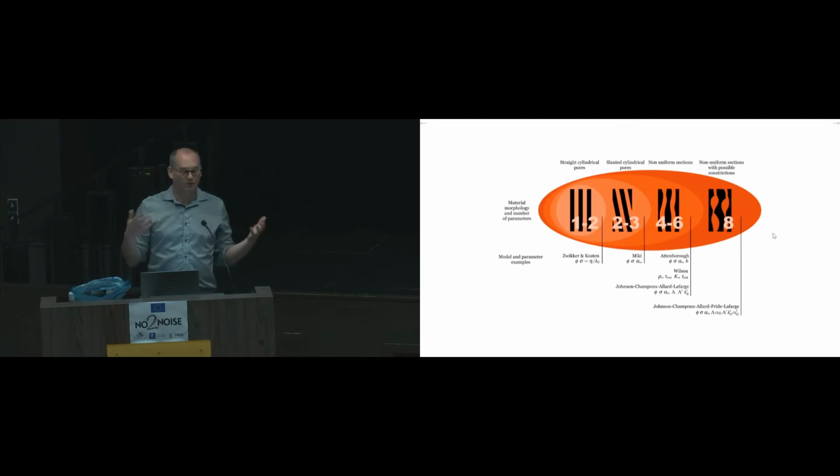There are lots of models, in fact. Not only the Johnson-Champoux-Allard-Lafarge, which is probably the most widely used, but there are a lot of models. These pictures just show you that the more complicated the geometry of your porous material is, the higher the number of parameters you will need to describe the geometry, of course.